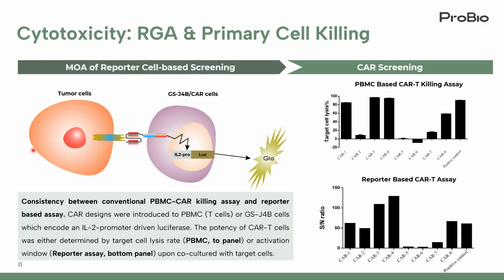Cytotoxicity can be evaluated by two different approaches. Reporter assays are widely used for early stage screenings, while the primary cell killing assays are preferred for confirmation and profiling.